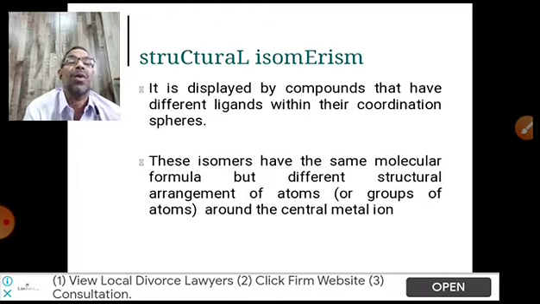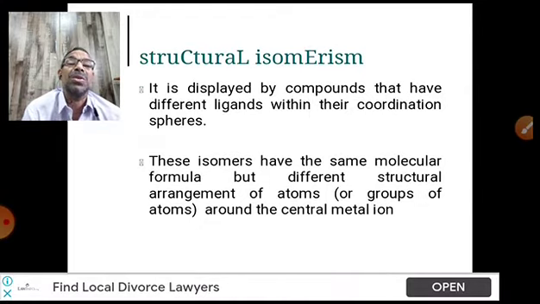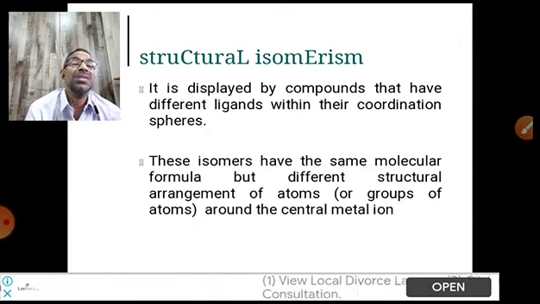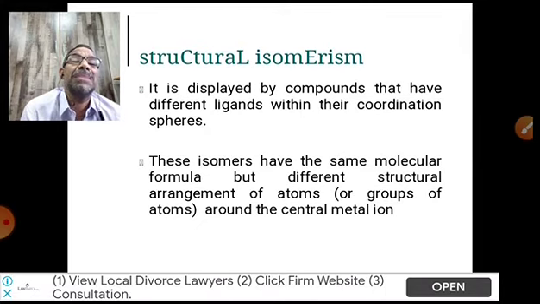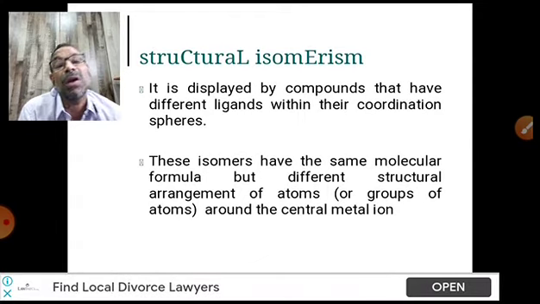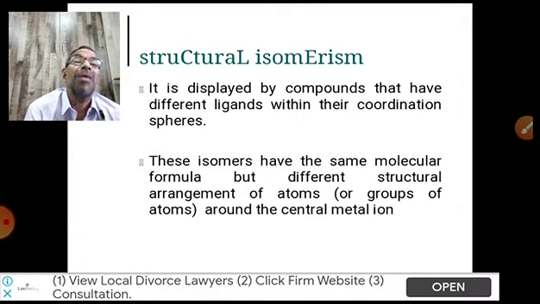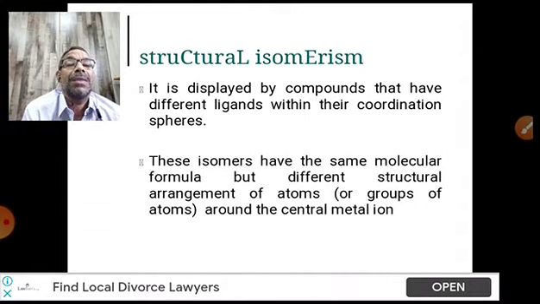We know what a coordination compound is, what a central metal atom is, and what a coordination sphere is. In the coordination sphere, ligands may be changed. Two compounds have the same formula but differ in bonds with the central metal atom or ligands. So structurally they are different even though they have the same molecular formula.